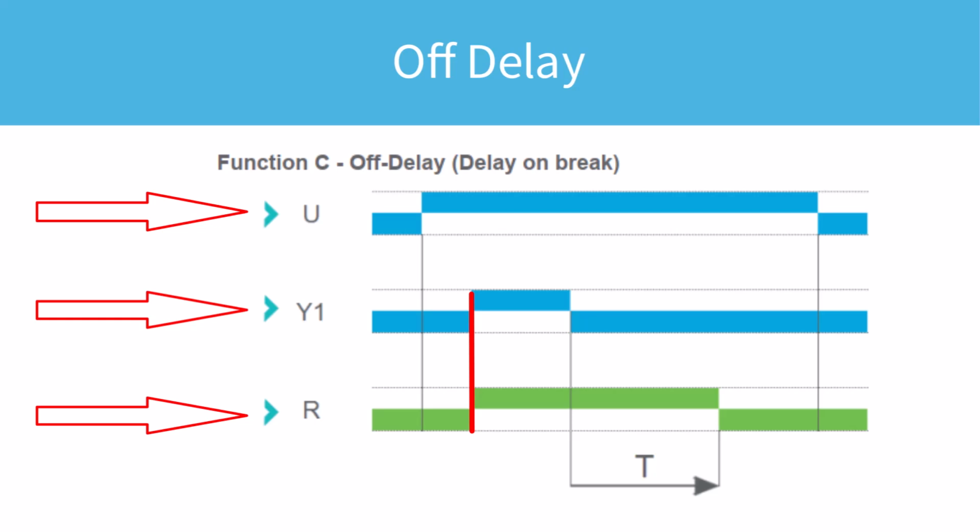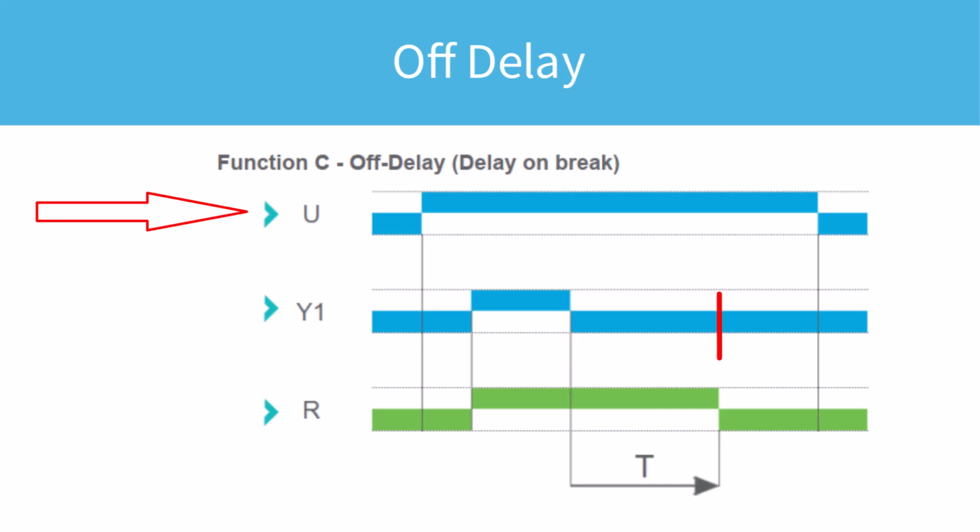The contacts remain in this state as long as the control contact is energized. When the control contact is de-energized, the off delay time starts. When the off delay time has elapsed, the contacts revert to their shelf state.